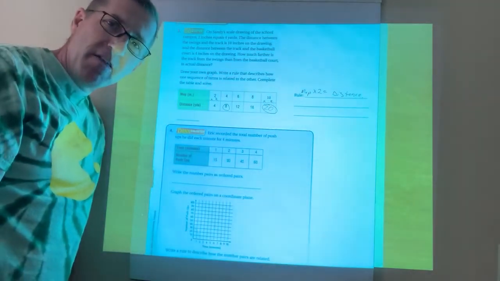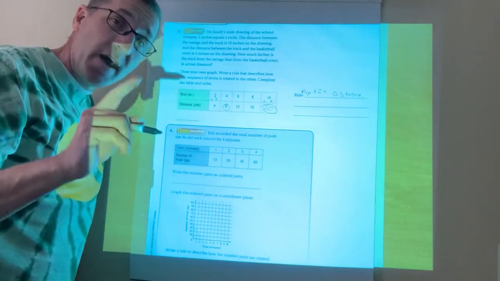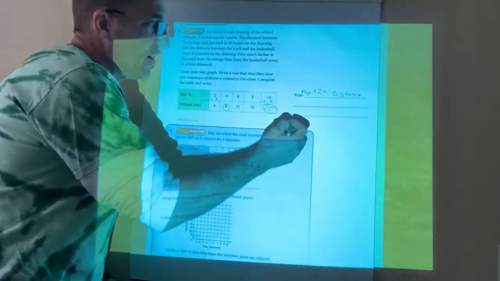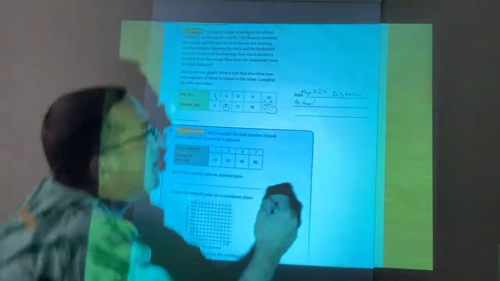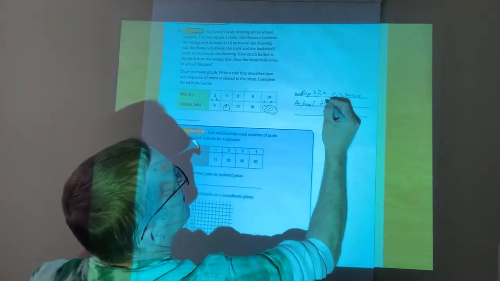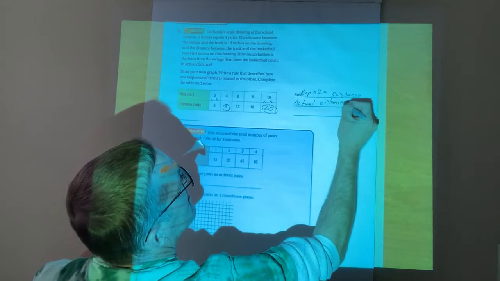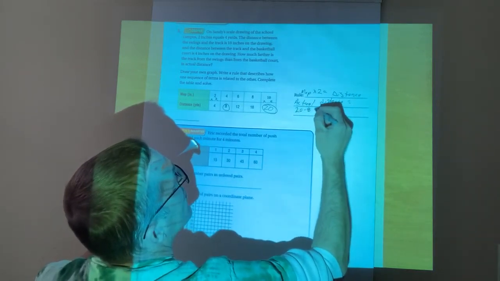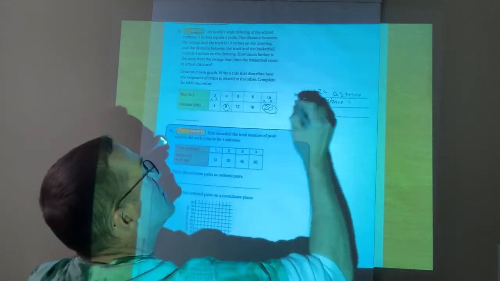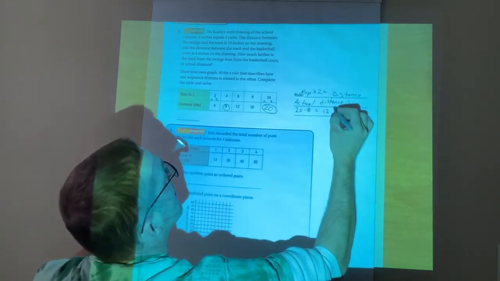And if I wanna compare them, I'm gonna find the difference, so it's the answer to a subtraction problem. So I go actual distance equals 20 minus 8, which equals 12 yards.